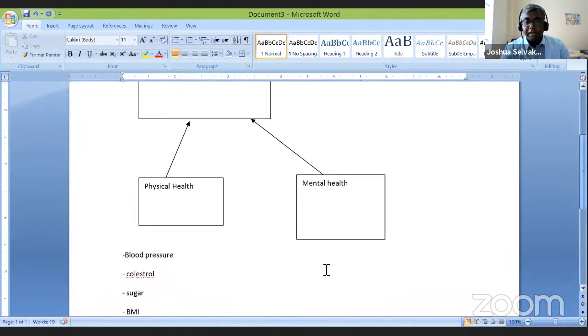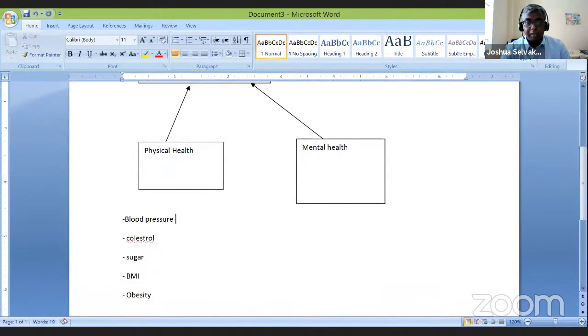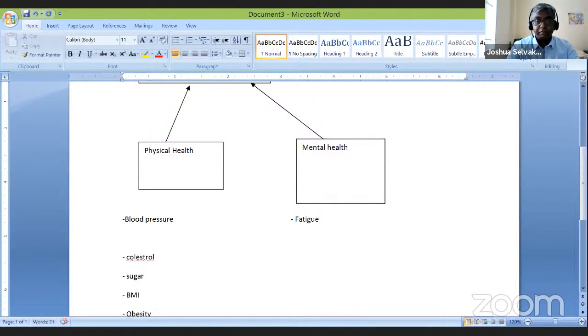Now mental health. Let's see how many. I need a few variables to understand mental health. Fatigue. If somebody is mentally healthy... Anxiety.